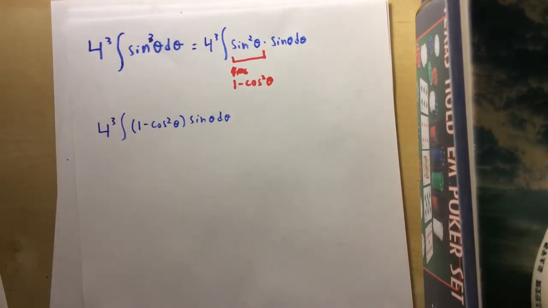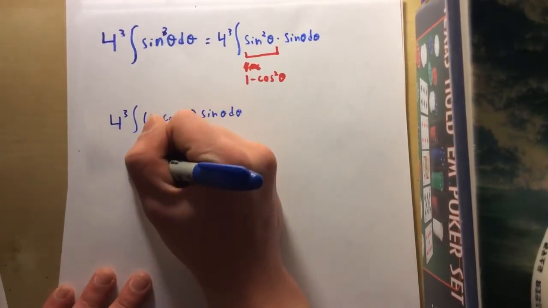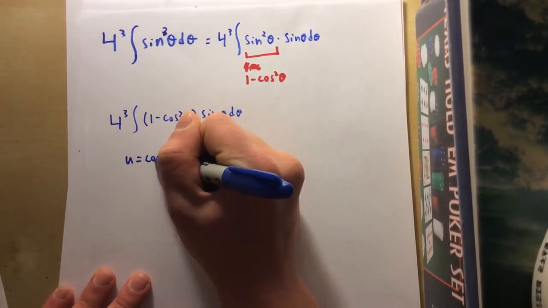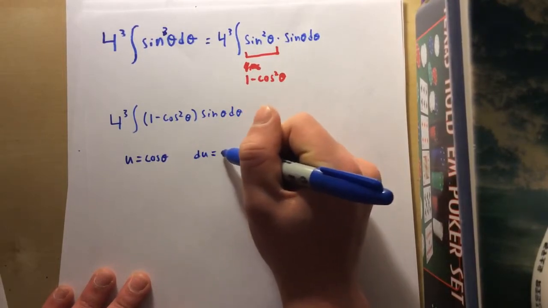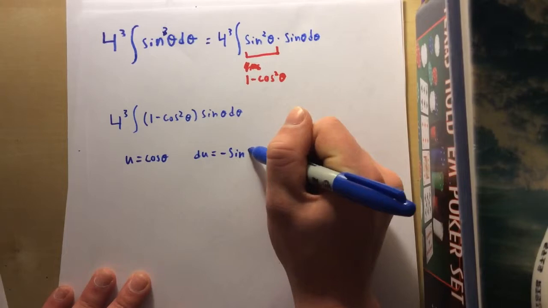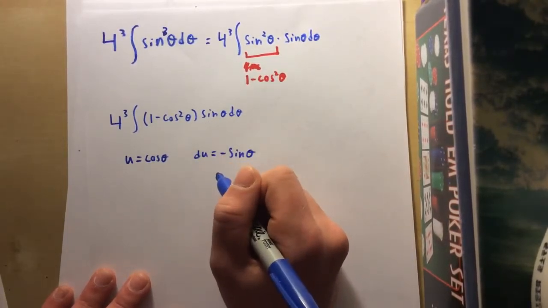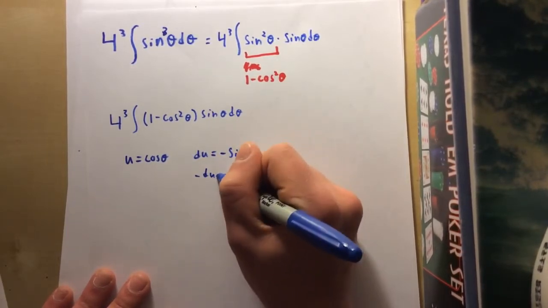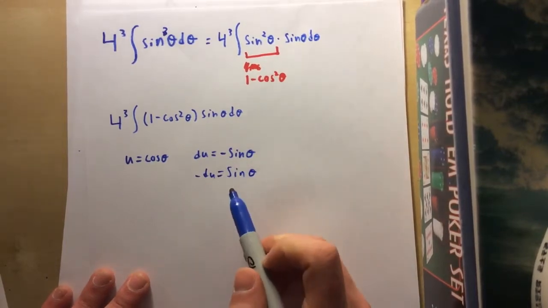So let's do a u sub, and in this case, the best way to go would be having u be cosine theta, and du in that case would be negative sine theta. But we have positive sine theta, so we're going to multiply each side by negative 1, and we get sine theta is negative du.